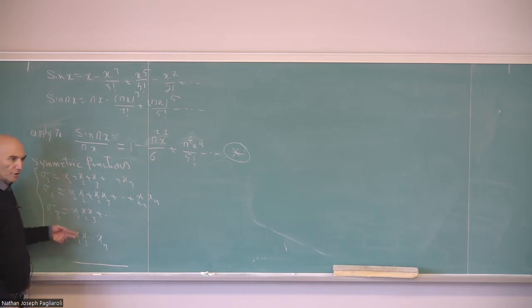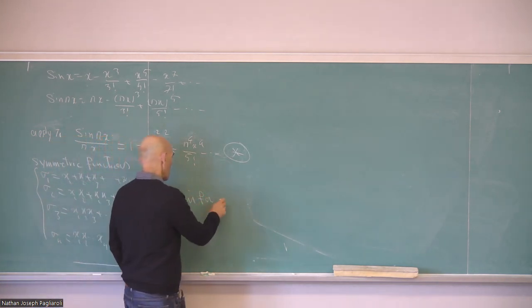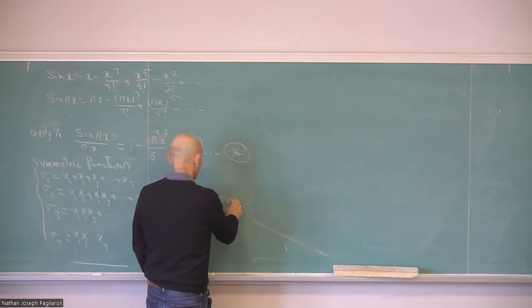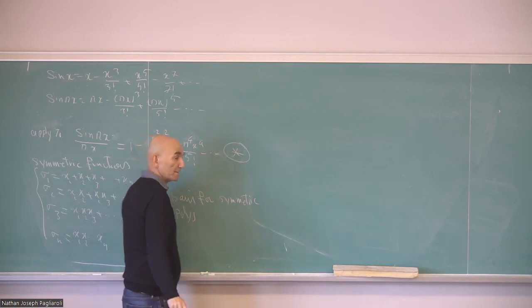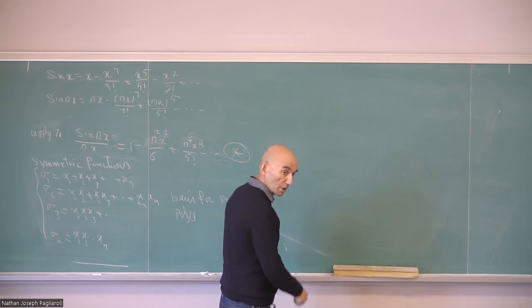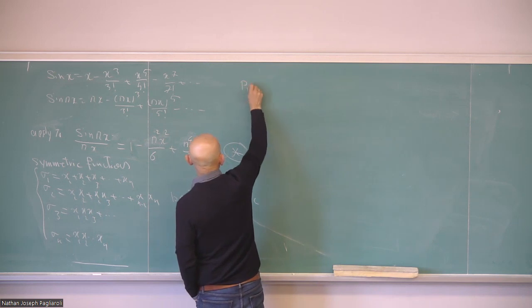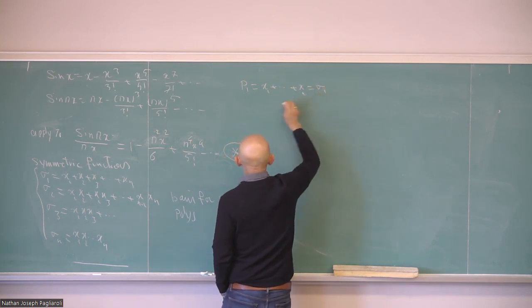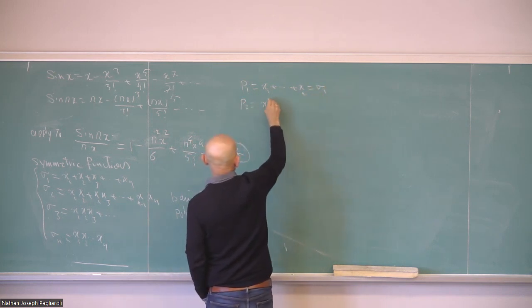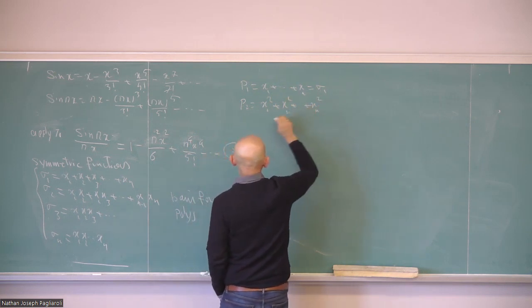So we have n functions, and they form a basis for symmetric polynomials, right? But there is another basis for symmetric polynomials, which you know, the power sums. P1 equals sigma 1, but P2 is x1 squared plus x2 squared plus up to xn squared.